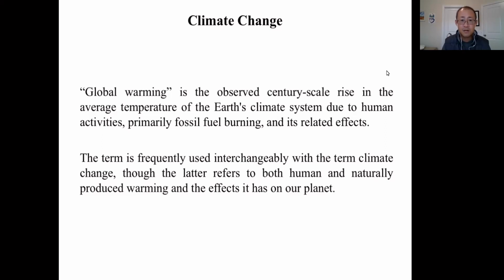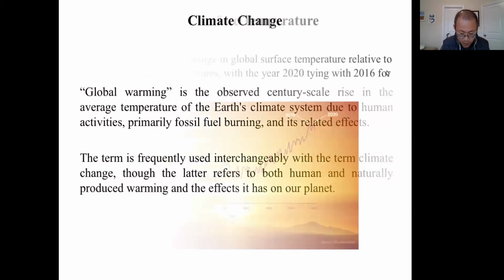Global warming mostly, if I'm understanding this correctly, is talking about human activity, but global climate change mostly refers to both human and natural produced warming and the effects of that.